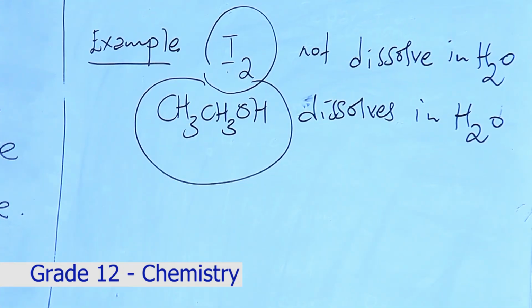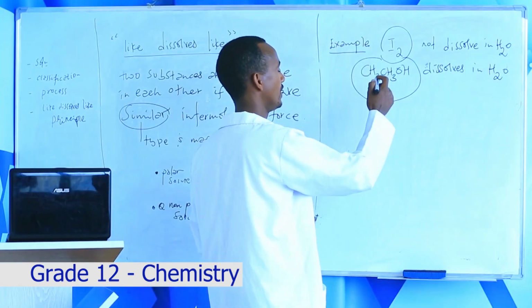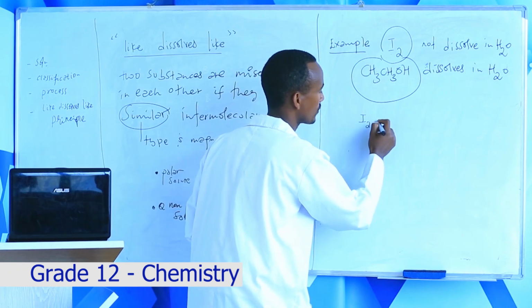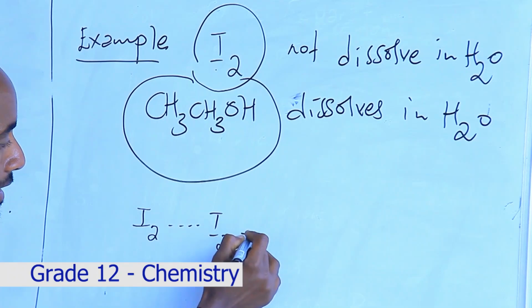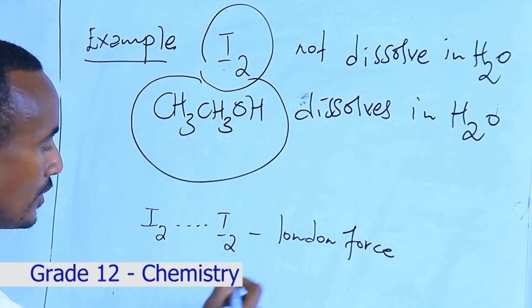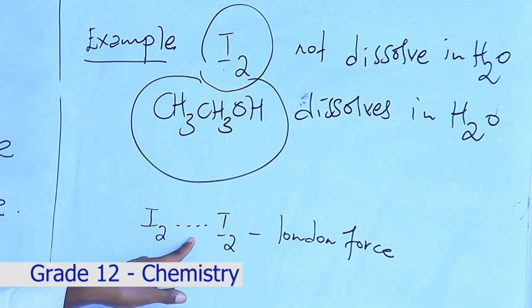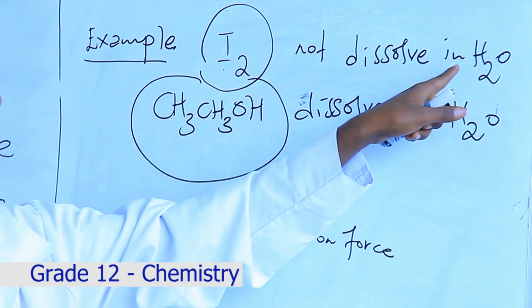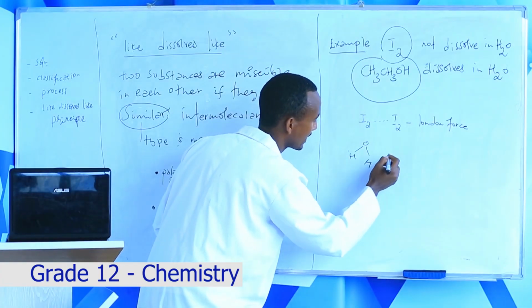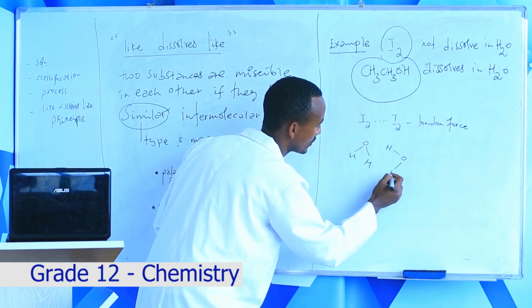If you want to explain this according to the like dissolves like principle, this is because the intermolecular force between the iodine molecules are London dispersion forces, which is a weak intermolecular force, whereas the intermolecular force between the water molecules are strong hydrogen bonds.